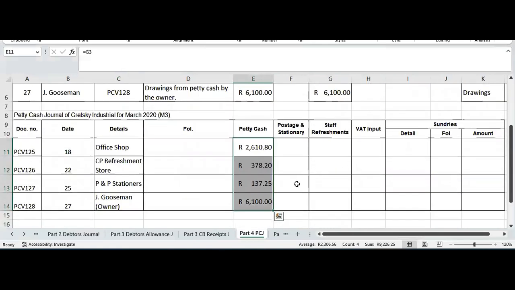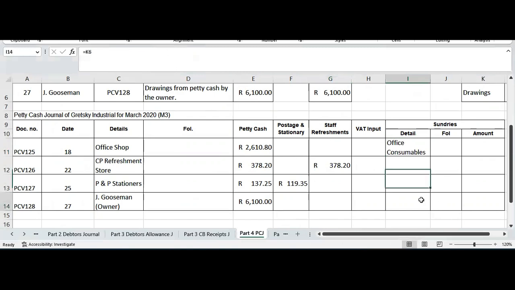Postage and stationery, it was really only the one entry. Staff refreshments was also the one entry, and then the others were for office consumables and the drawings. Those are the money that was taken by our owner.